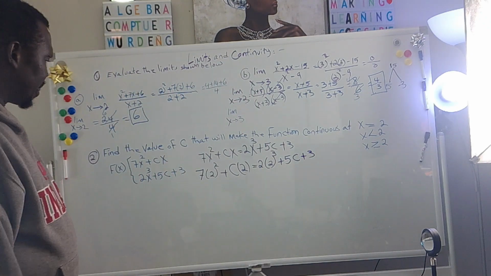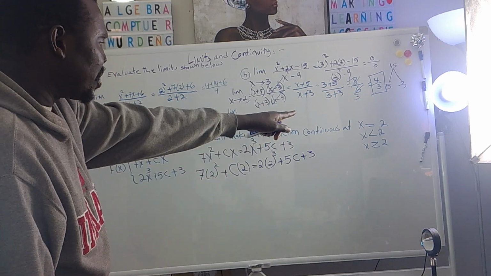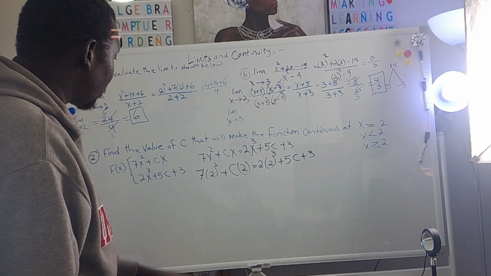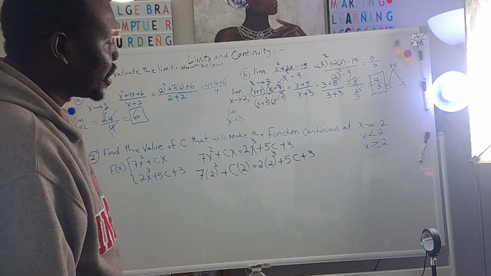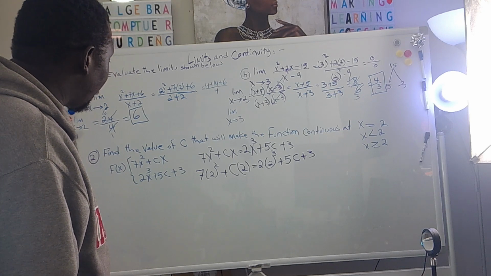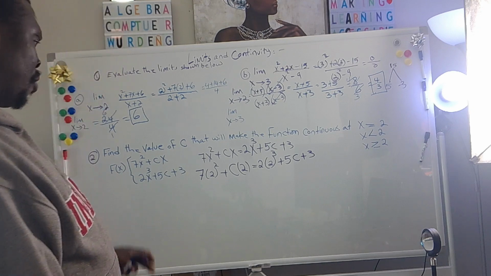Now it looks like we can eliminate something. How are we going to get the C? Oh, I can see now.